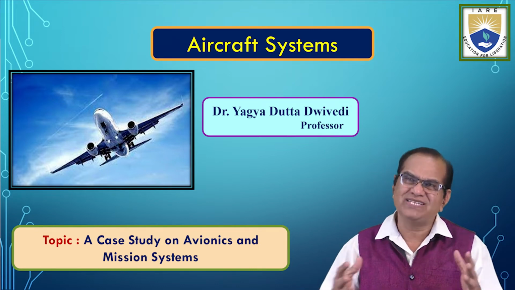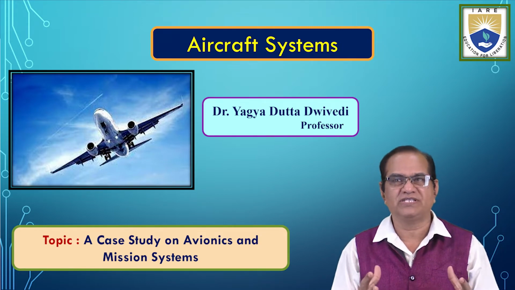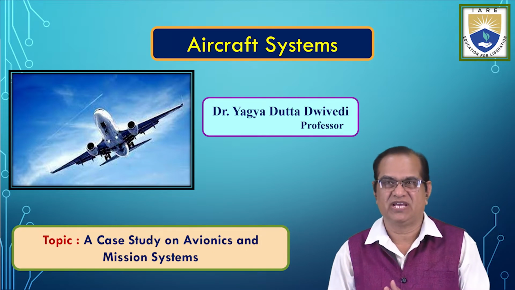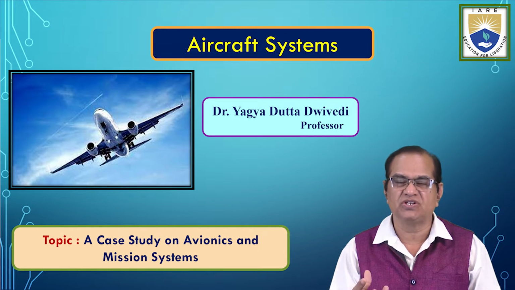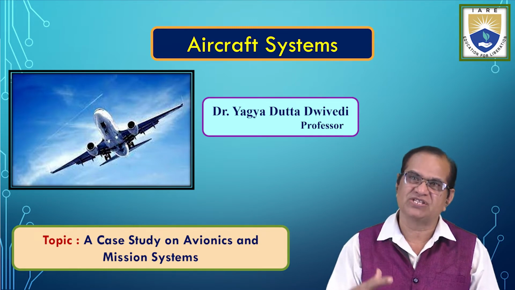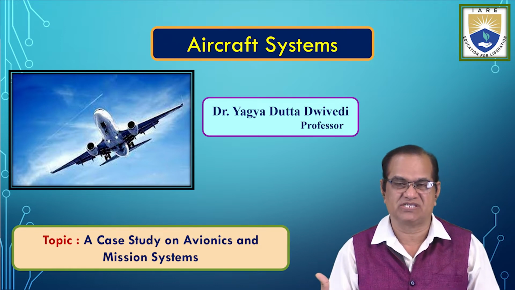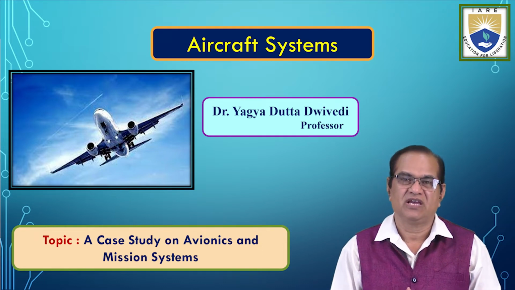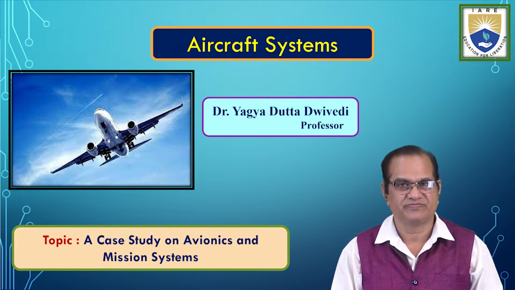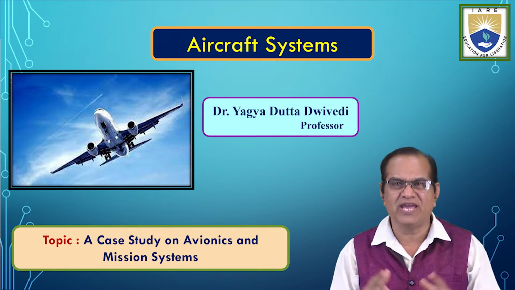So if I talk about what is avionics, the word avionics comes from the two words aviation and electronics. If you join these, it becomes avionics. So the electronics which is used for aircraft, aerospace, missiles, helicopters or any other aviation machines is called avionics. Mostly, avionics can be divided into 2 main groups.